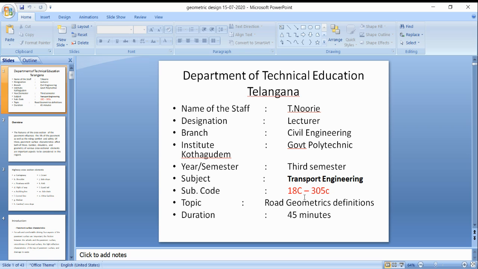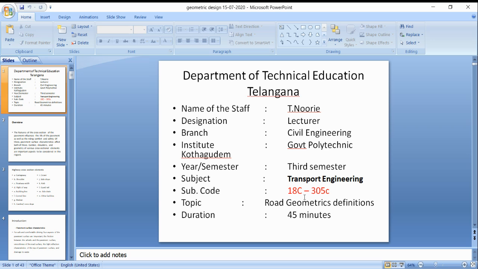Next comes the base course. We have seen that it transfers the load coming at the surface course, or wearing course, to the bottom subgrade.